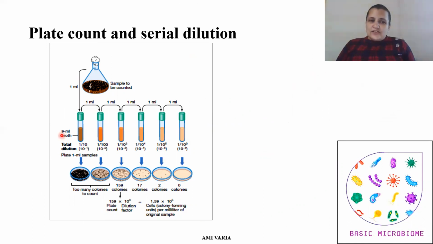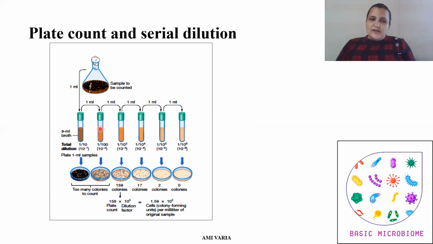In the serial dilution, 1 ml of the specimen liquid broth is inoculated into a 9 ml broth tube. Then mix it well. Transfer again 1 ml sample from the first tube to the second tube. That will give you 10 raised to minus 2 dilution.